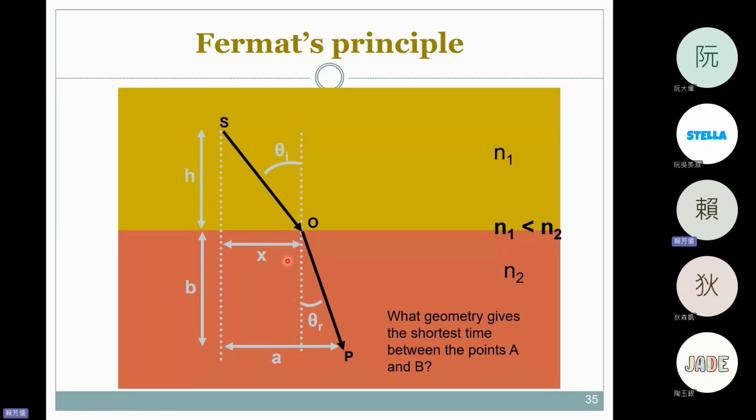When this is solved, he can get Snell's law, which proves that his concept of the shortest time is correct. But we won't prove this here. It is in your textbook, so if you are interested, you can take time to see how he proved this concept.